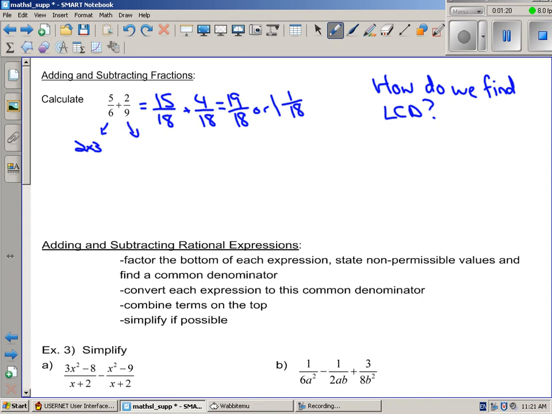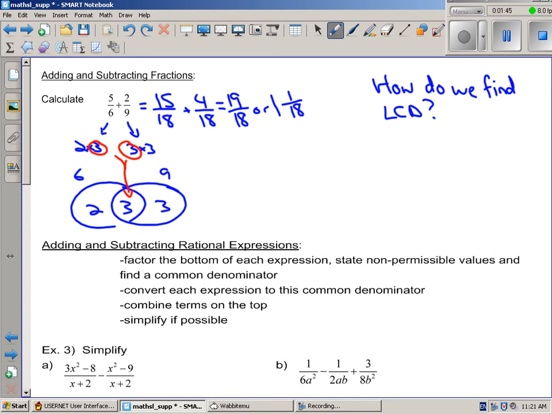You should factor the next denominator, which is 9, and it becomes 3 times 3. And this, I think, was the first time that I ever saw Venn diagrams. They shared a common factor of 3. 6 also had a factor of 2, and 9 had another 3 in it.